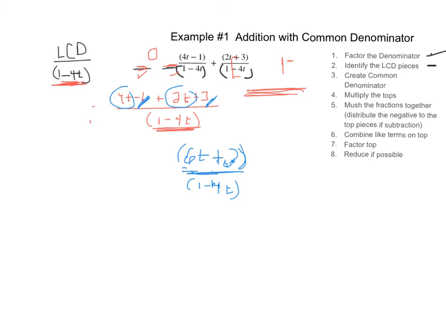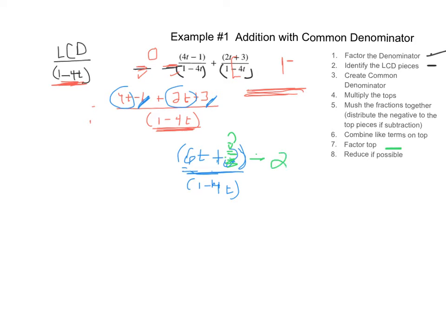Alright, so our next step, factor the top. So looking at the top, I know it's kind of hard to see, that is a 2 right here. Let me erase that, fix that, that looks awful. Or maybe it won't let me. Okay, so that is a 2 right here. We're going to take out the GCF, because I can factor this using GCF.